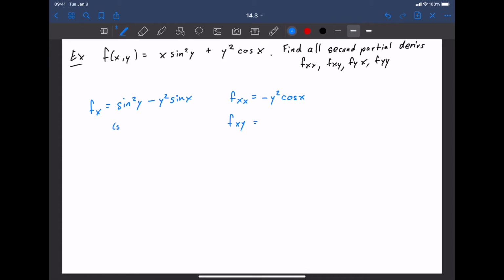Make sure you write it as sine y squared if you're the type to get confused. 2 sine y cosine y minus 2y sine x. This is the chain rule and the power rule and the trig rule. This is just the y squared. Sine x is treated like a constant. There you go. 2 derivatives down, 2 derivatives to go.